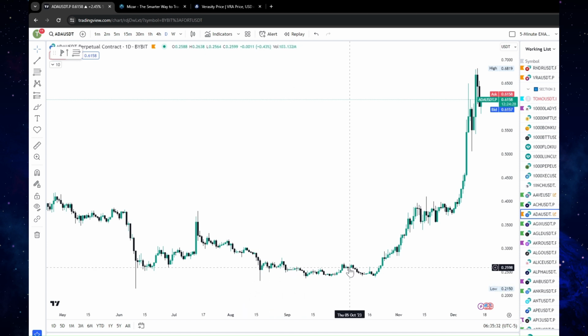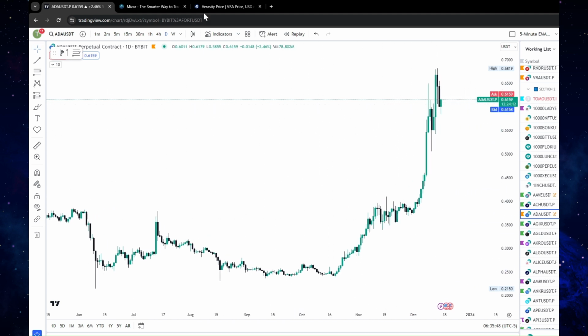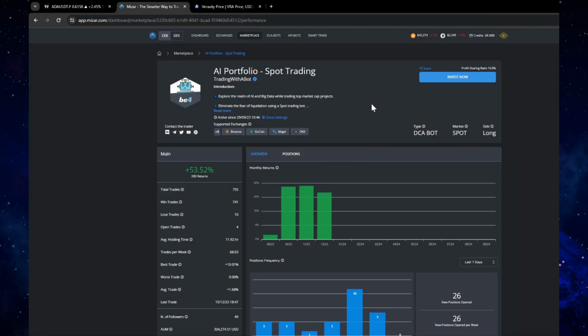And then September, October-ish, it was very flat. So very boring and difficult again to trade. And suddenly we had this rally. So, well, my bot had taken advantage of that.